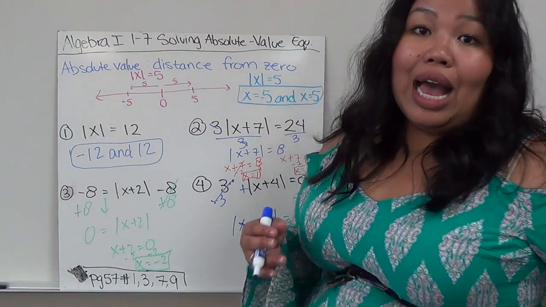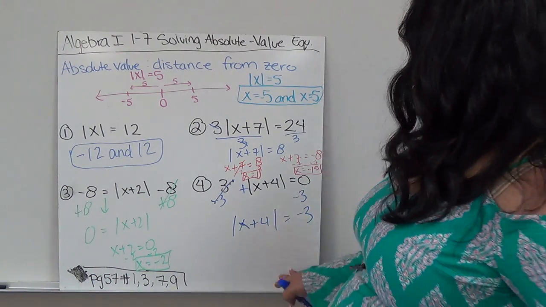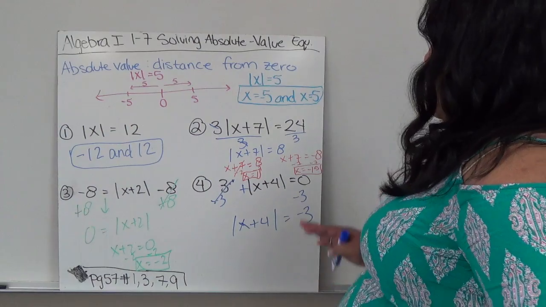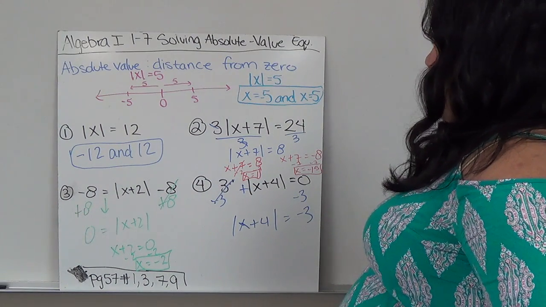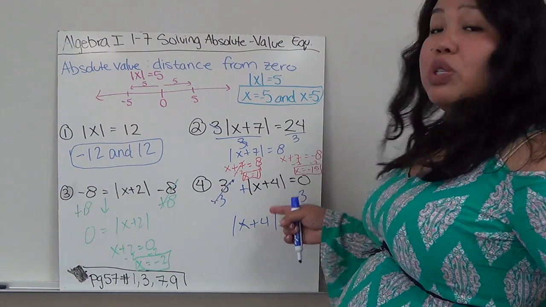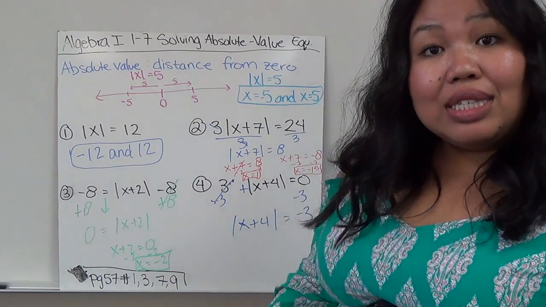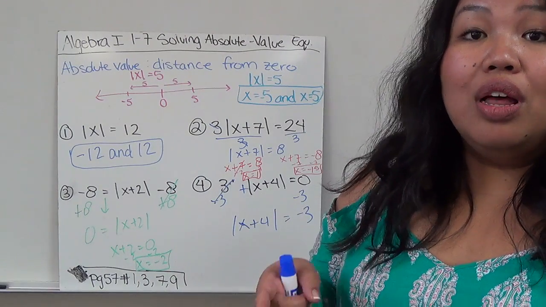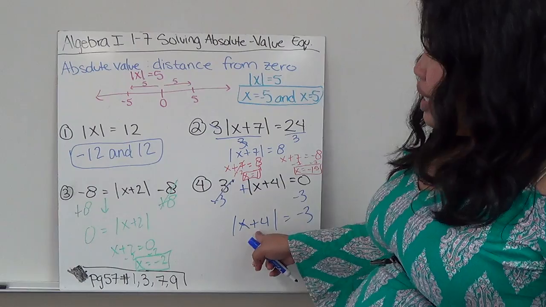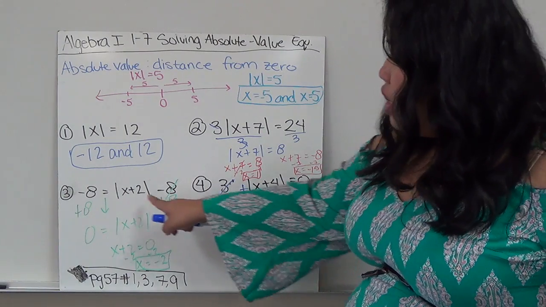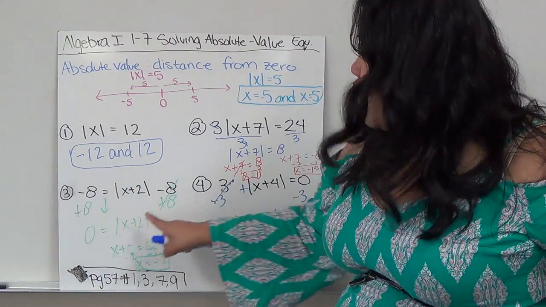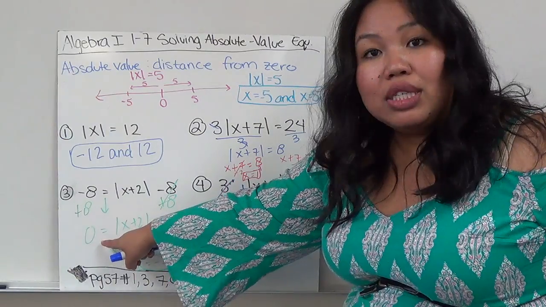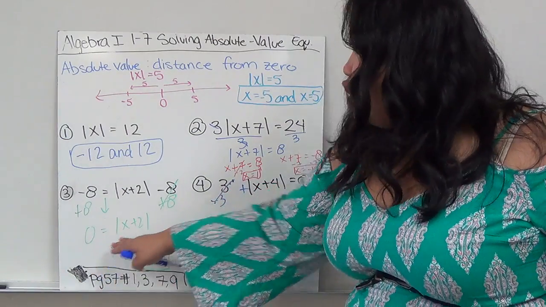Now, it's tempting to just go ahead and do x plus 4 minus 3 equals minus 3, and x plus 4 equals positive 3. But the thing is, an absolute value is distance. And just like I said, distance will never equal a negative. So once I've isolated it, this one is equal to a negative, right? But when I brought the 8 over, it gave me a 0 or a positive number, so I could continue.